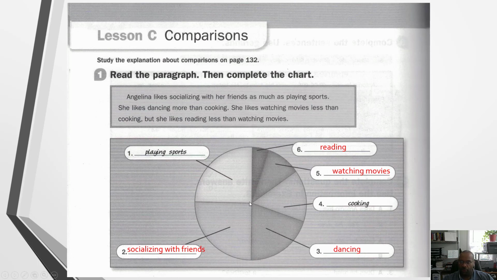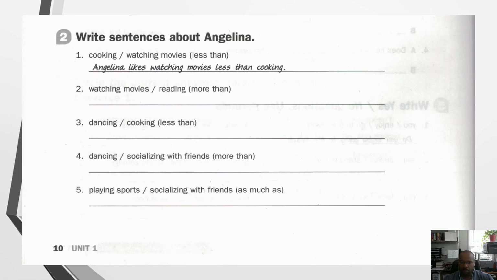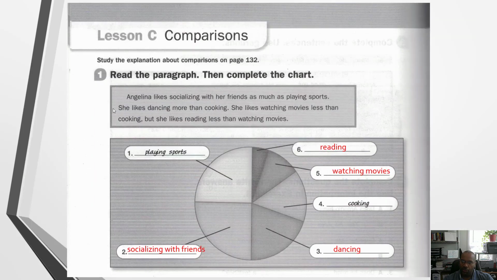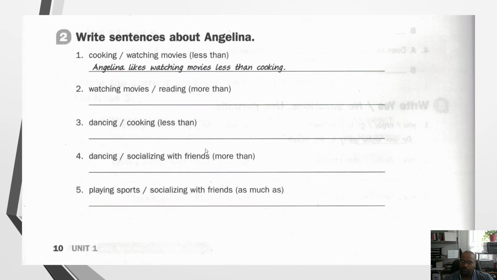Let's move on to number 2. For number 2, it's write sentences about Angelina. And we're going to base this on the pie chart that we just used for this one. So the first one is done for us. Cooking. That's our gerund. Cooking. Watching movies. Less than.